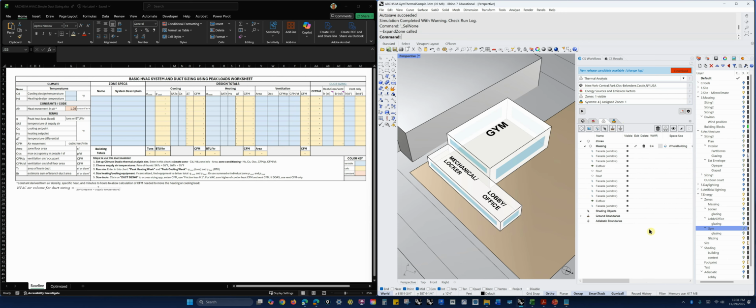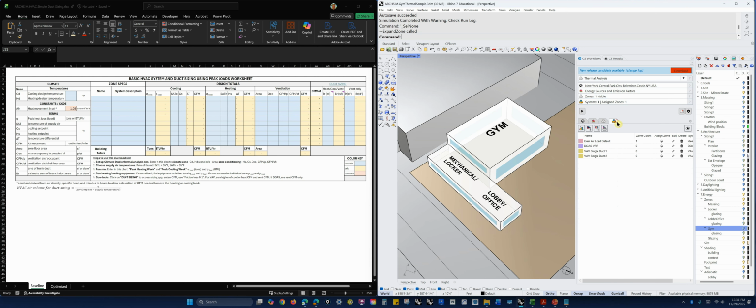I am choosing glazing that meets 90.1 specifications. So this is all done with very little information other than the program and what I know about performance. Then I can run a simulation.